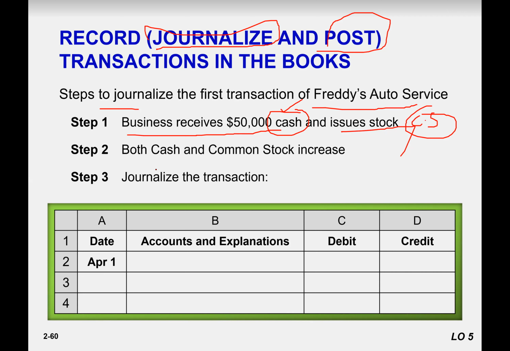Now, second step: is cash increased or decreased? Cash increases. Common stock, the owner's equity, the owner's claim on the business, increases or decreases? It increases. So both cash and common stock increase. Now let's make a journal entry here.